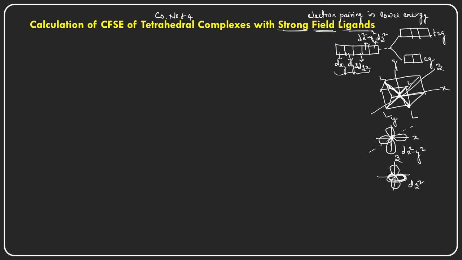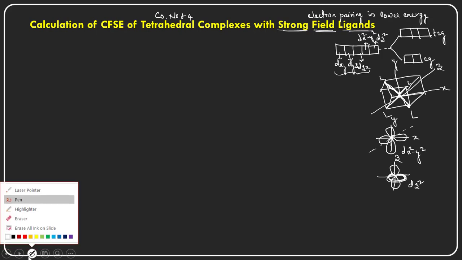So whatever electrons enter into the d orbitals of a central metal cation, they will first enter into the Eg orbitals, unlike our octahedral complexes.